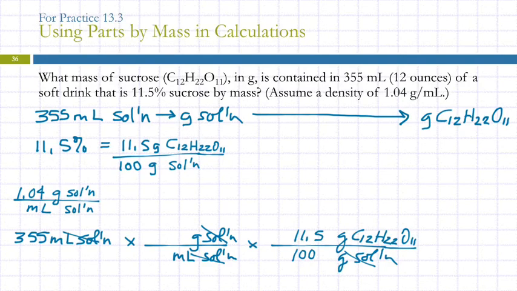It takes a lot of the thinking out of it. And then here, grams of solution per milliliter of solution comes from the density. 1.04 grams of solution, so the 1.04 is in the numerator. There's no number in the denominator. If that bothers you, it would be a 1. So then we just calculate 355 times 1.04 times 11.5 divided by 100.